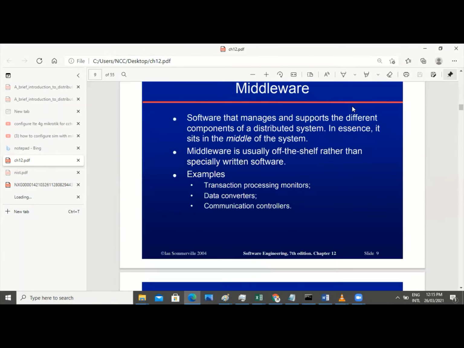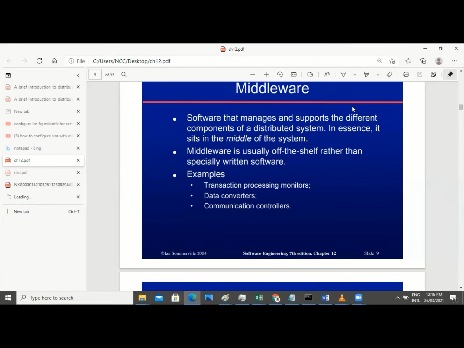Now we have what we call the middleware. Middleware is software that manages and supports different components of the system. In essence, it sits in the middle of the system. The middleware is usually off the shelf rather than specially written software. Examples are transaction processing monitors, like I explained earlier, the software that ensures the right wattage is being used and the amount is being debited.